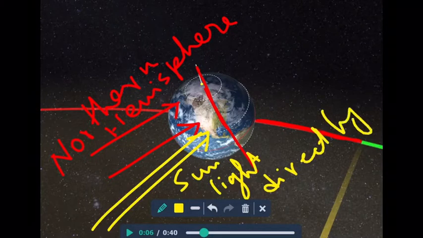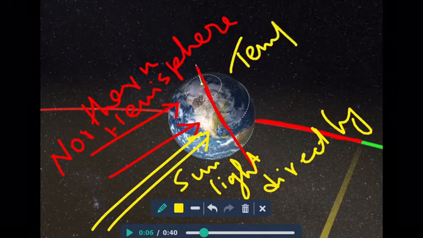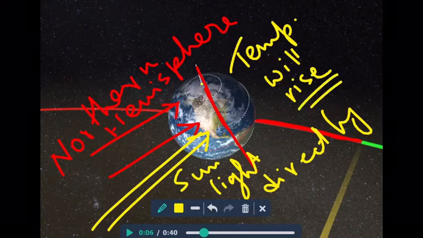And hence the temperature will rise here in northern hemisphere. And since the temperature is rising in the northern hemisphere, northern hemisphere is having summer.